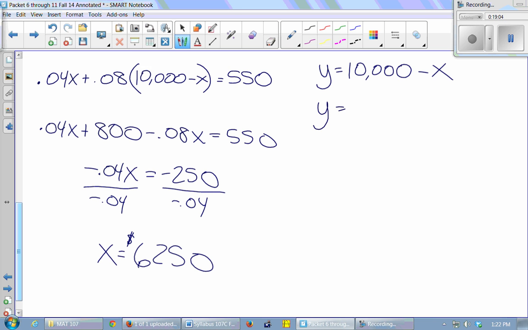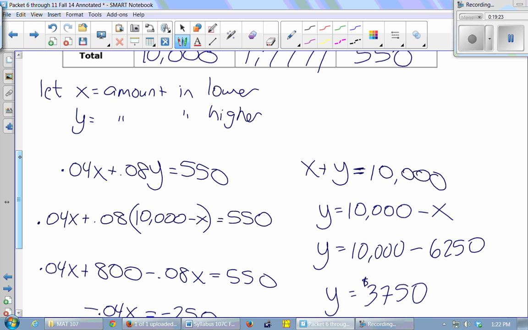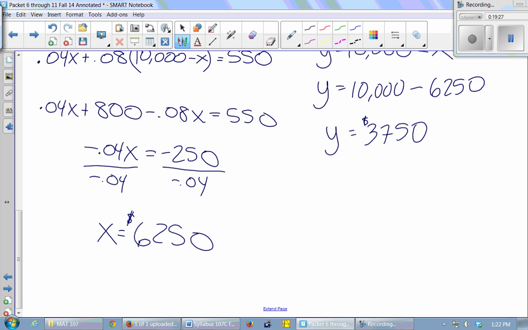And y is going to be 10,000, the total amount we're investing, minus the amount I put in, I can't remember if that was low or high risk, and I get 3,750. So we should go back to where we defined this. Y was the amount in the higher risk fund. And X was the amount in the lower risk.